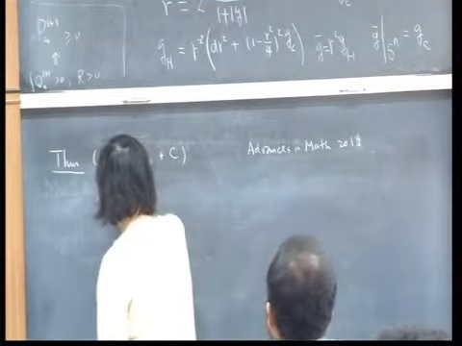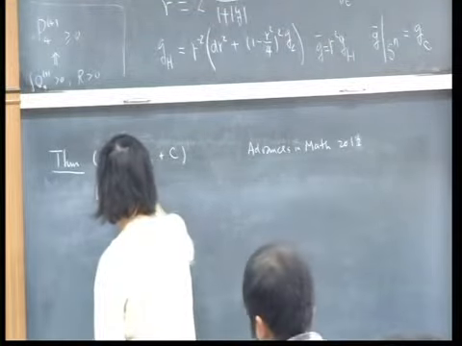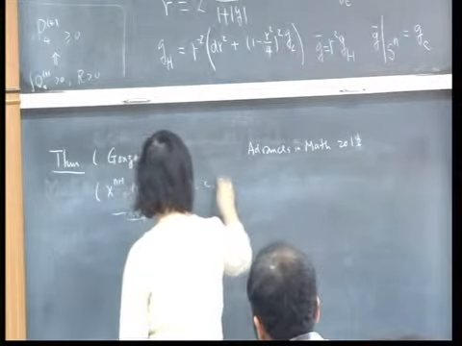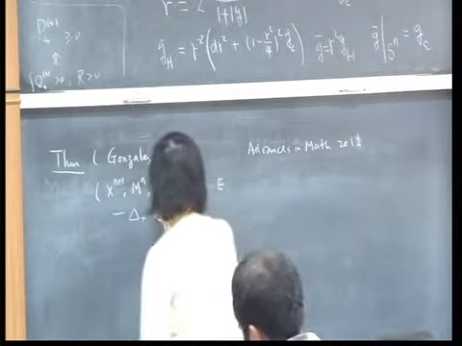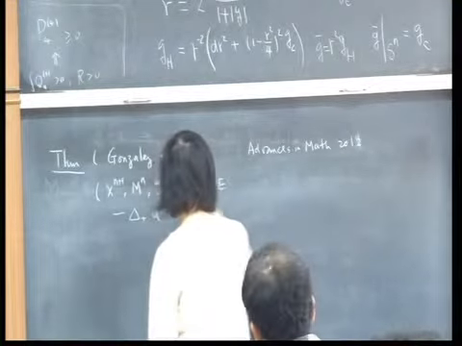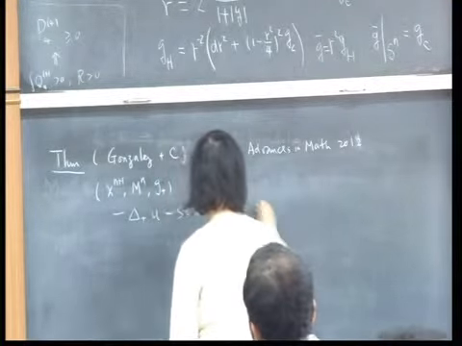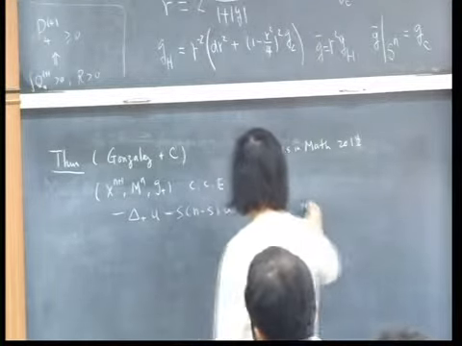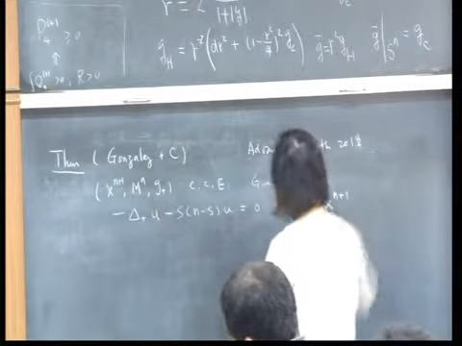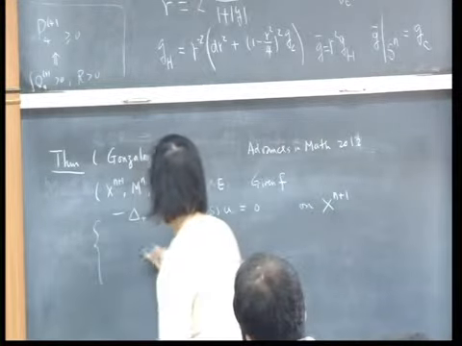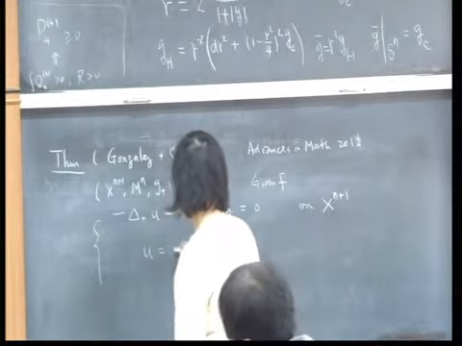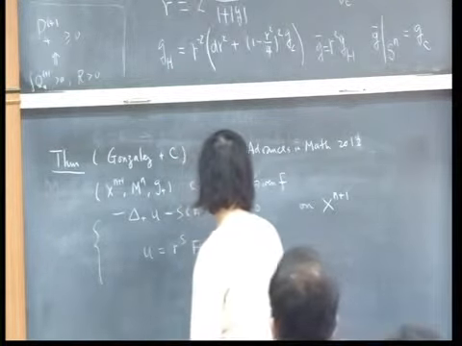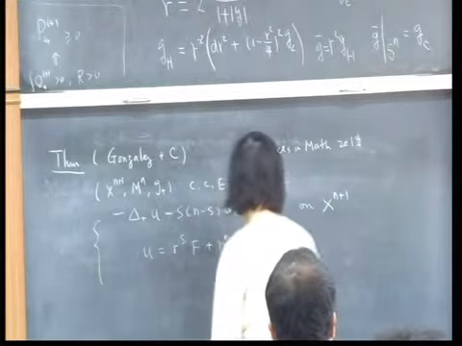So on X^(n+1), M^n and g plus, this is the Poincaré-Einstein, hyperbolic setting. If we look at this Poisson equation, given an f on X^(n+1), we know u is something like r to the s power times f plus r to the n minus s times h, and f is given.